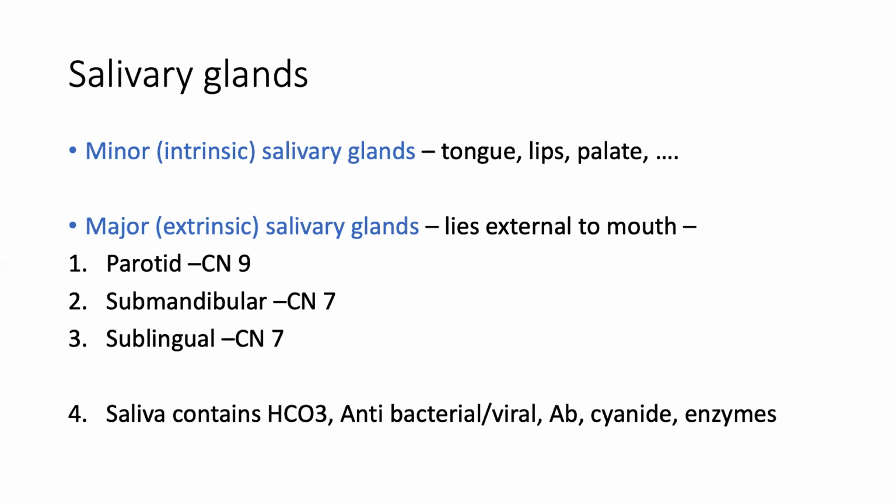For example, our parotid gland, submandibular gland, which is below the mandible, and sublingual gland, which is below the tongue, enter into the oral cavity via their ducts. Saliva contains bicarbonate, antibacterial, antiviral agents, and antibodies. They contain enzymes, and therefore saliva is precious.